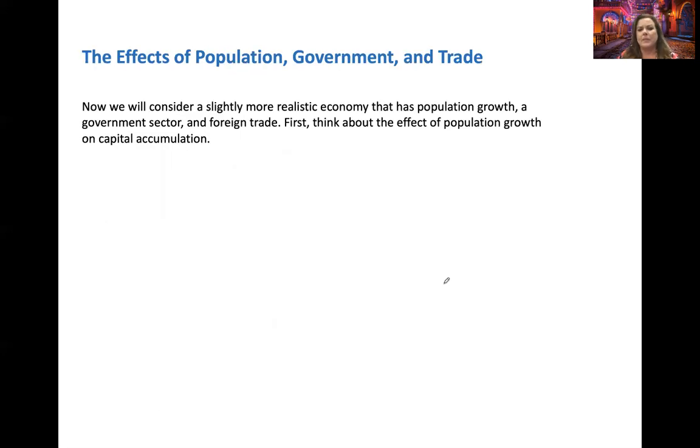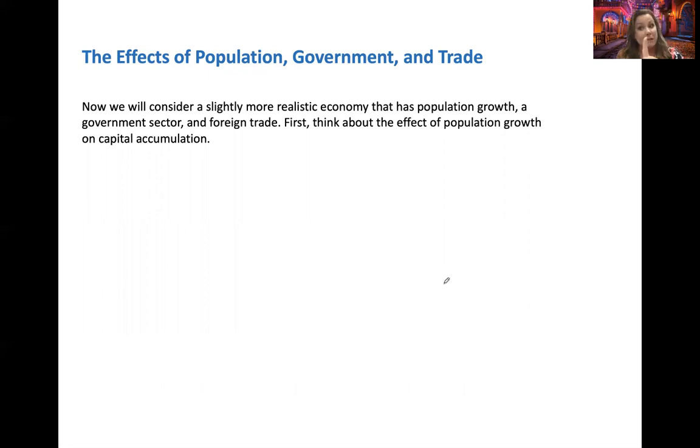Now, if we talked about an economy that had a government sector, and foreign trade, how does population growth affect capital accumulation? This is really, really interesting.